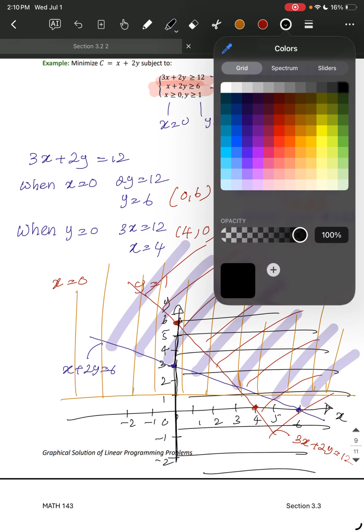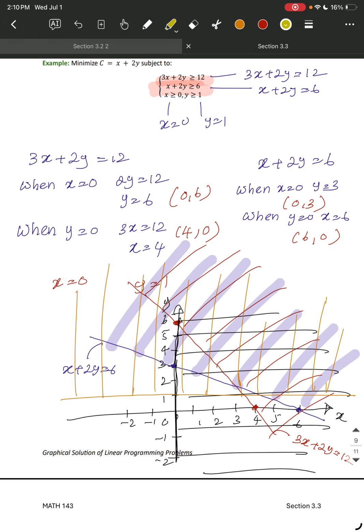So then what about the feasible region? The feasible region is all the overlapping, an unbounded region with the corner points this, only 3 corner points.